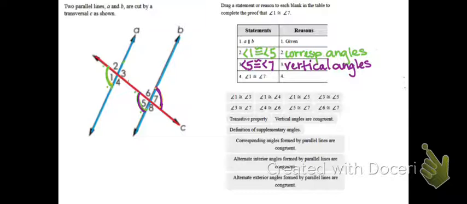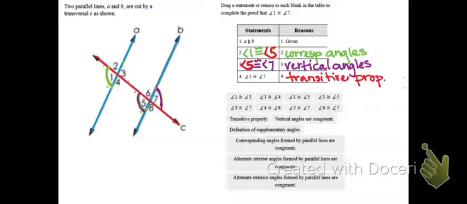And then we conclude angle 1 is congruent to angle 7 because angle 1 is congruent to angle 5 and angle 7 is congruent to angle 5. So they're both congruent to angle 5, so they must be the same. That's because of the transitive property. So these are the two ways you can prove this in 4 steps.